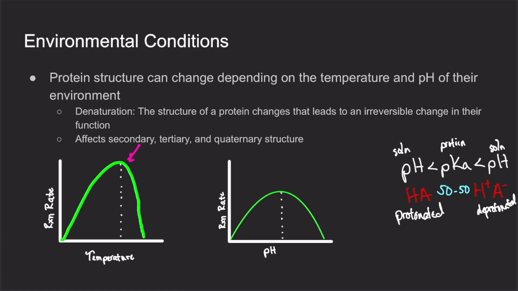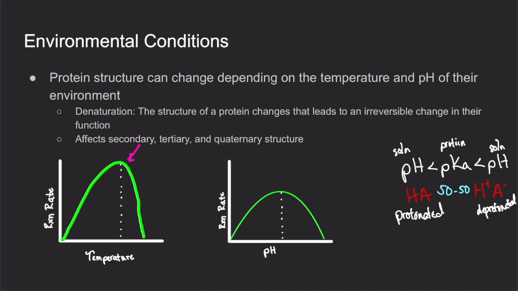You've now supplied so much energy that the bonds holding the protein together are no longer able to keep the structure. And all of a sudden, we say the protein denatures, or the enzyme denatures, meaning that the structure of the protein changes, which leads to an irreversible change in its function.